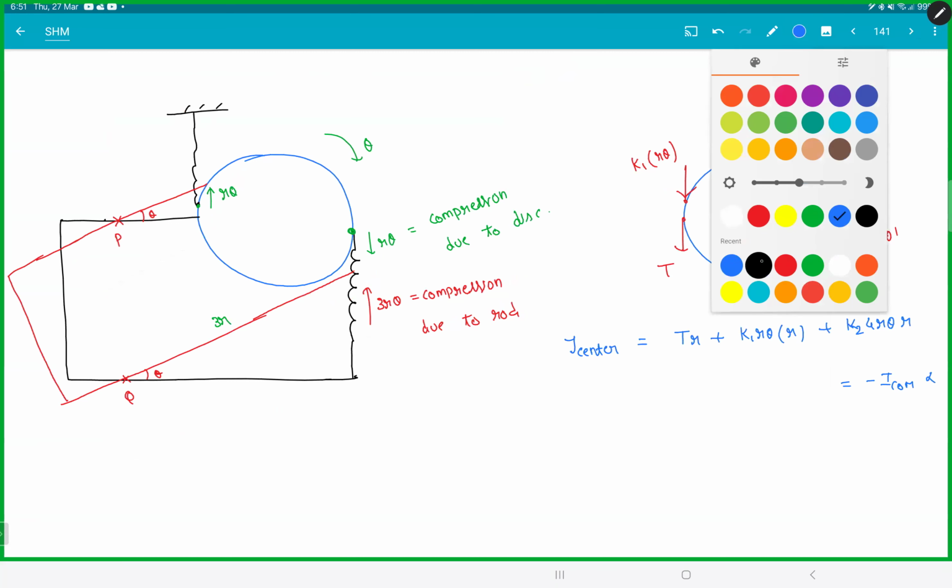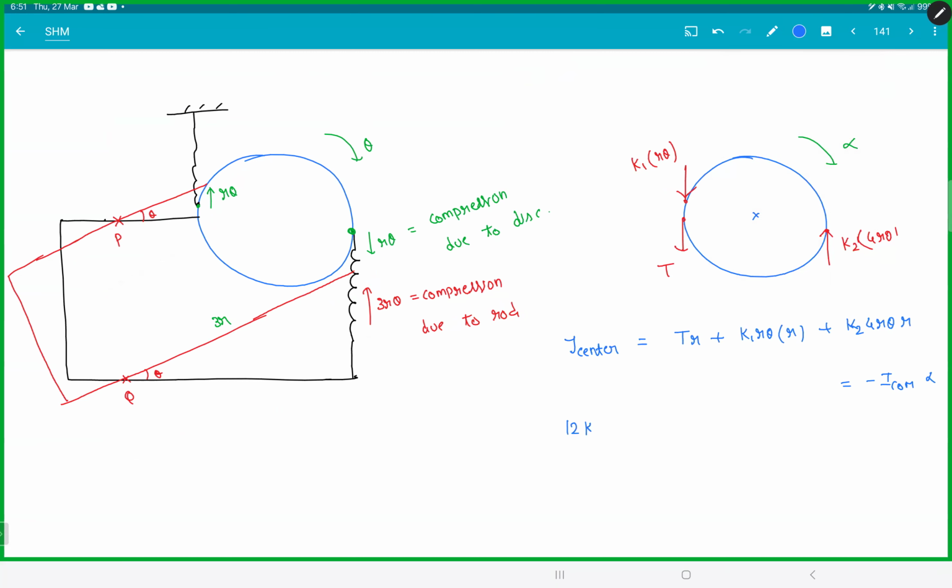And then you're done. Substitute here. So this guy will be 12 K2 R theta square plus K1 R square theta plus 4 K2 R square theta. Disk will be MR square by 2 alpha. You're done.